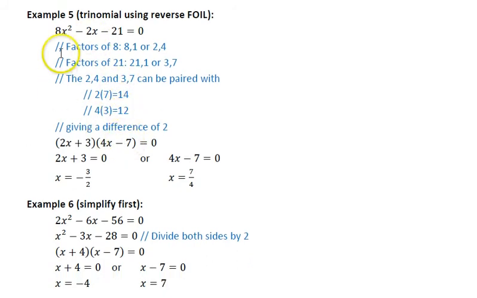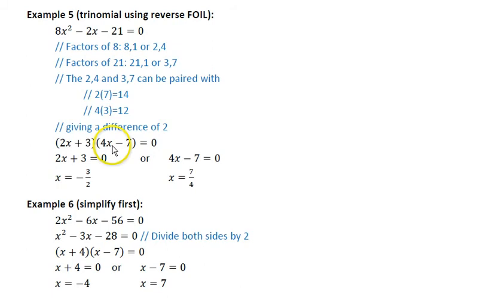So let's try this out. We take the 2 and the 4 as the first terms. 2x times 4x gives us the 8x squared. Notice the last terms, the 3 and the minus 7, give us the minus 21. Now let's check the outer. The outer 2x times negative 7 is negative 14x, and 3 times 4x is plus 12x.